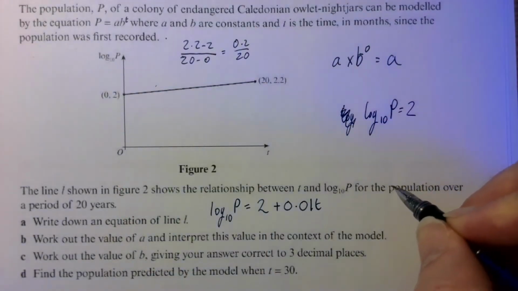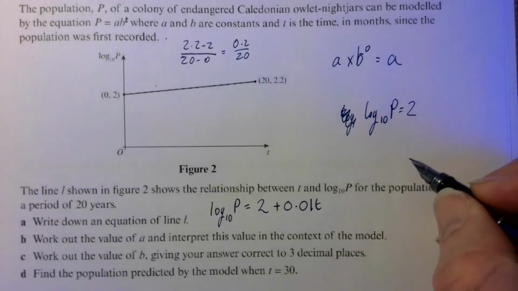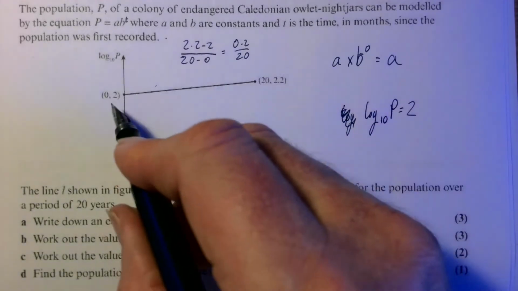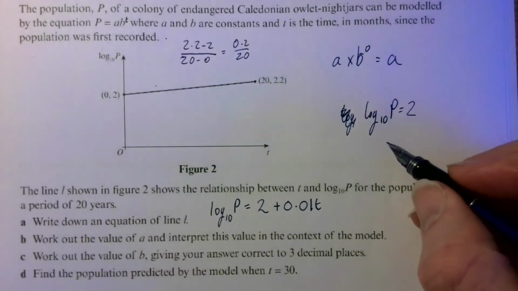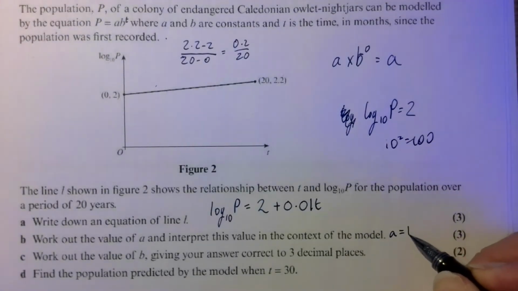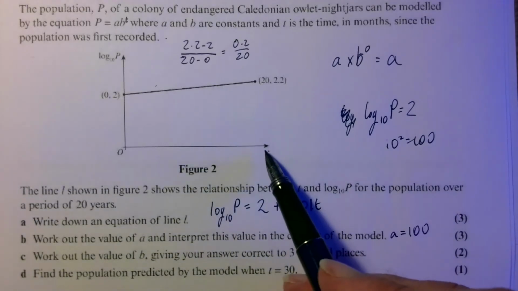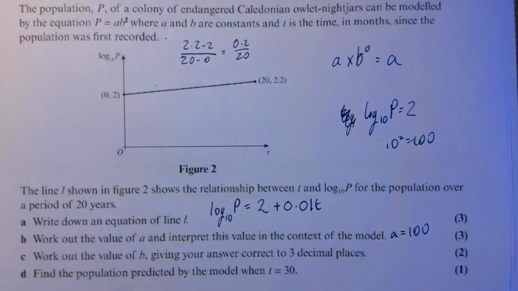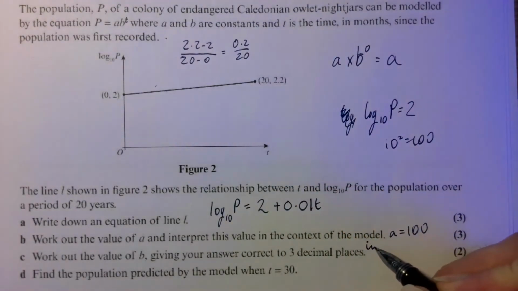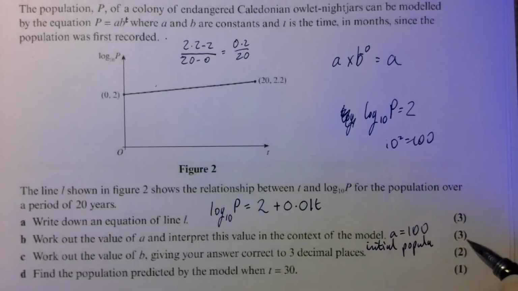So if a is equal, then what is p at that point? Because it's log 10 of p when it's that is equal to a. So 10 squared is 100. So a is 100. And what is this value in context of the model? Well, at time 0, it is the population. So it's the initial population at the beginning of this whole thing when they started recording it.